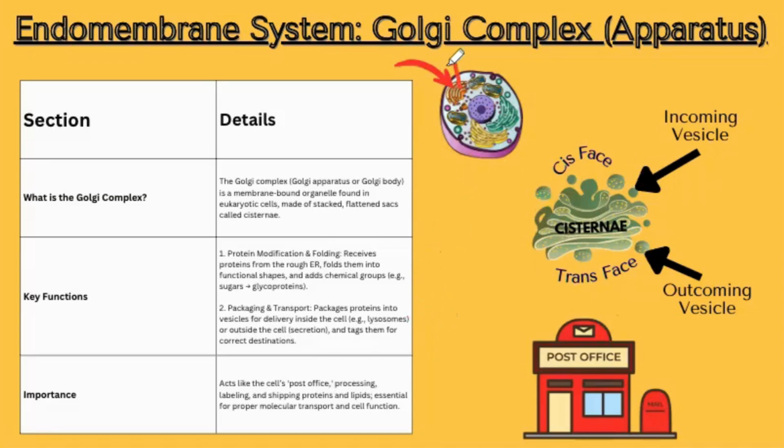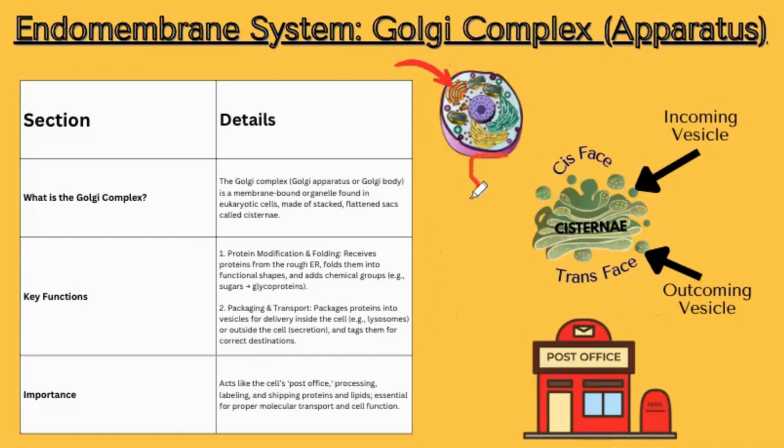Sometimes they'll leave outside the cell in the form of secretion, and they'll be tagged with where they're supposed to go. The way to think about it is, like I said, the post office, where it's just going to be processing, labeling, and shipping proteins and lipids, and it's essential for cell functions.